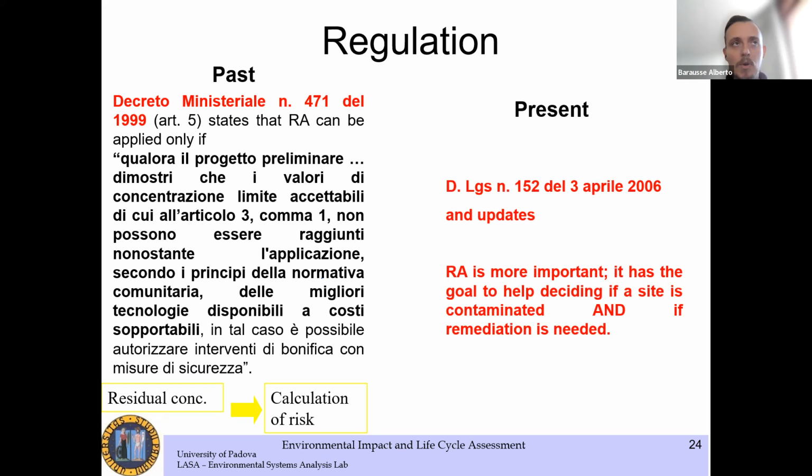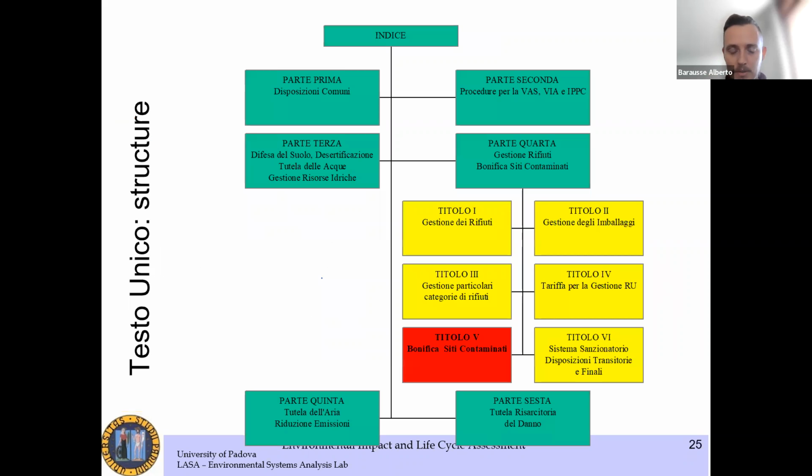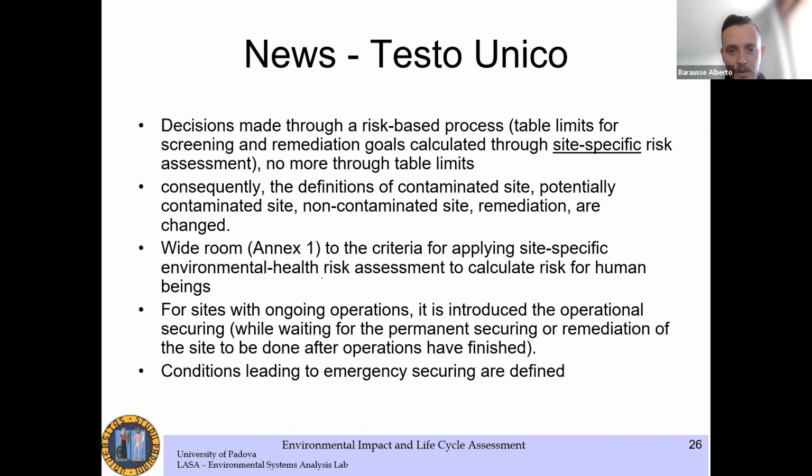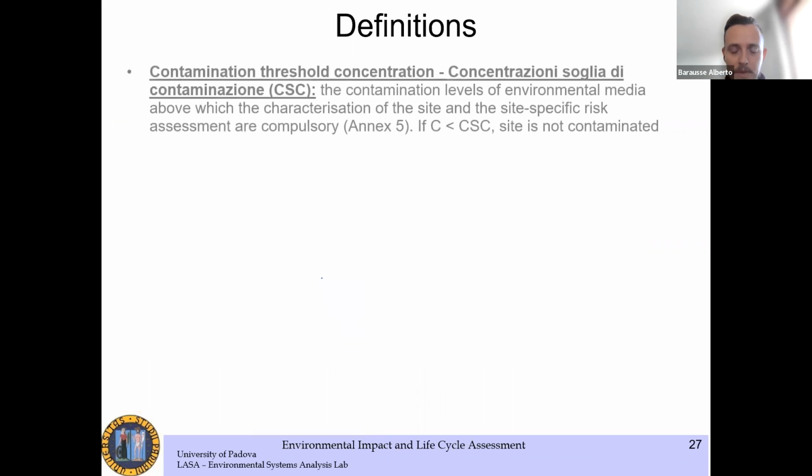So no more a tabular approach, just simple tables, but site-specific, quantitative modeling. So this is just the structure of that legislation, but we don't need to go through it. This is what's important. In the Italian legislation, you find this CSC, contamination threshold concentration.